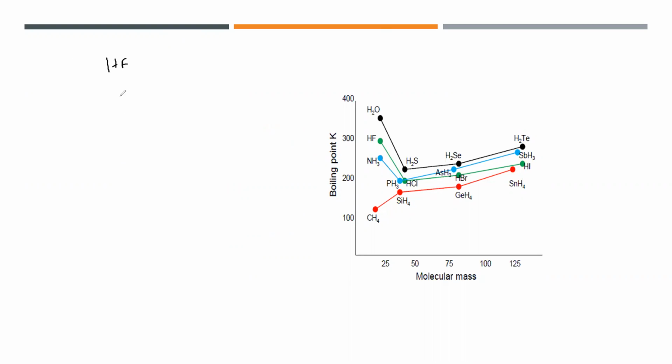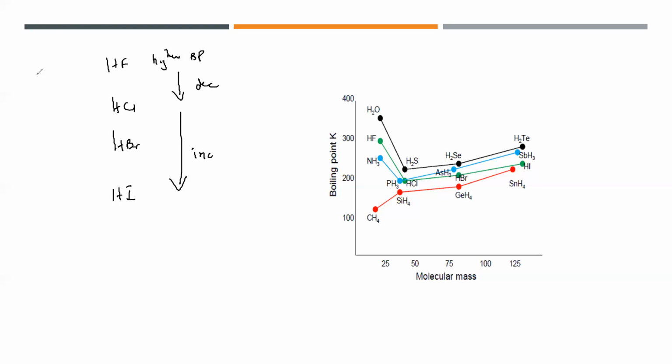Hydrogen fluoride is there, then hydrogen chloride, then hydrogen bromide, and then hydrogen iodide. Hydrogen fluoride will have the higher boiling point. Moving from hydrogen fluoride to hydrogen chloride, what happened to the boiling point? It decreases. And moving from hydrogen chloride to hydrogen bromide and iodide, it increases.